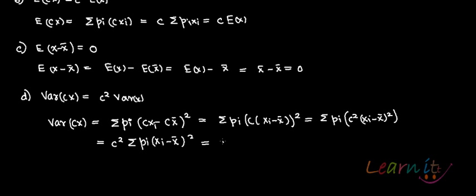Okay, but this is nothing but the definition for variance of x. Summation of pi xi minus x bar square is nothing but the definition of variance of x.